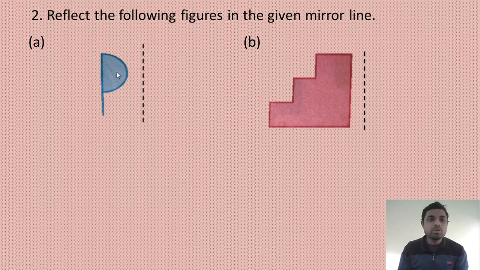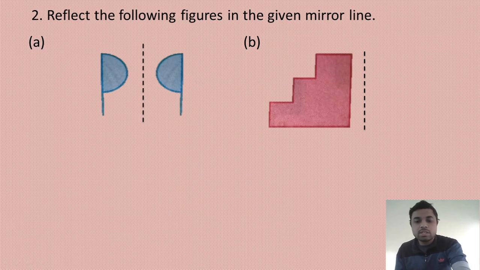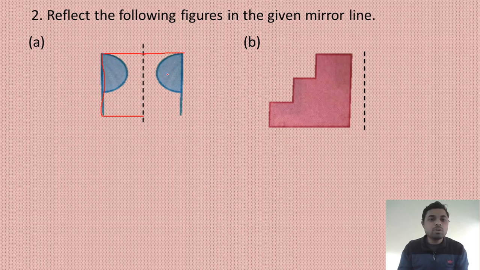Okay, so when you draw, just draw this. Just clear the confusion. Look, first draw this. What is the distance? The distance from here, the distance from here will be the same as the distance from here to here. These two distances will be equal. Is it clear? When you draw it, keep this in mind.